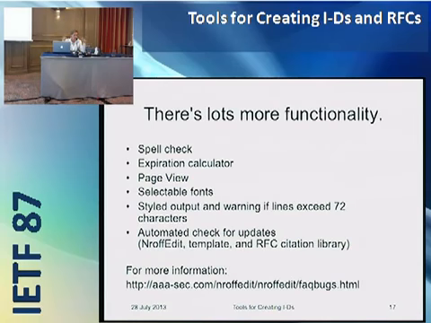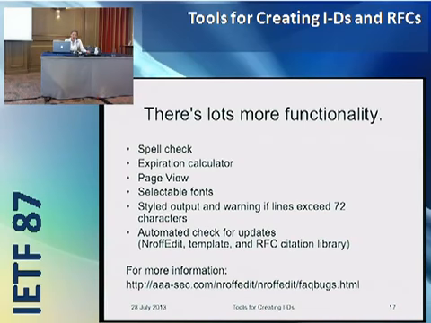What you see is what you get. You can also make it look nicer, like, oh, I want it to be a bigger font. Styled output and a warning if lines exceed 72 characters. You may be aware that there's a line limit of 72 characters from the RFC editor, but that is also encouraged for internet drafts. So the tool would warn you about that.